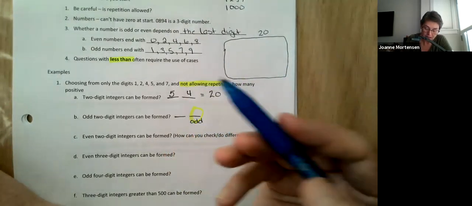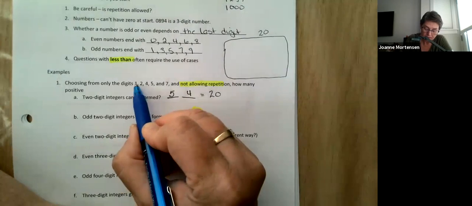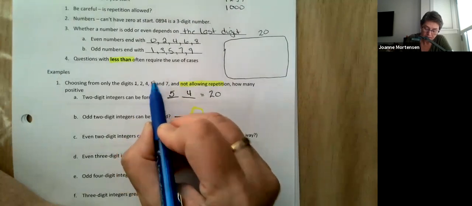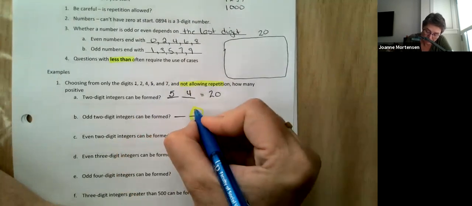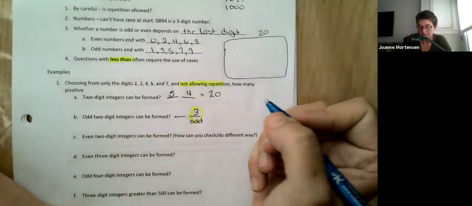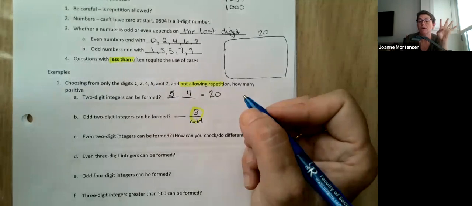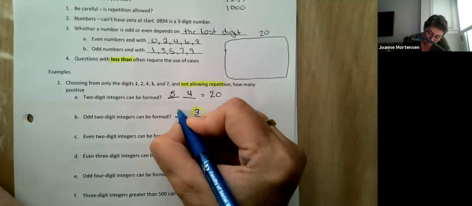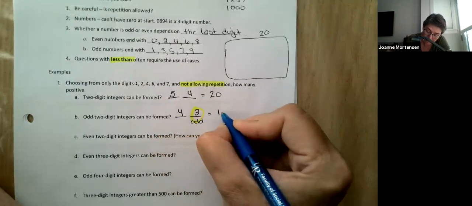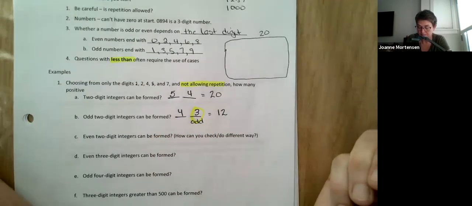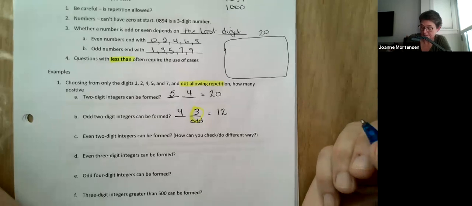So I can end in a 1, a 5, or a 7. That's 3 choices. Now, how many numbers do I have to start? There are 5, and I've used 1 at the end, which leaves me 4. So there are 12 choices there.